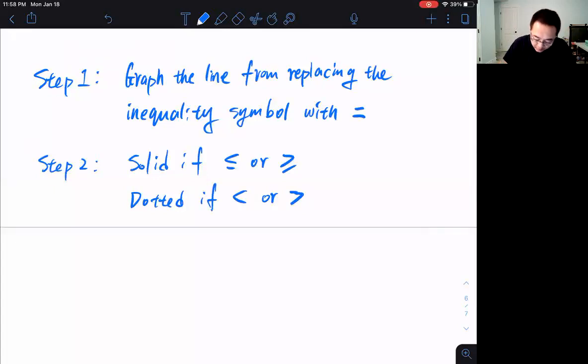Now step 3 is you determine which of the half planes determined by the boundary line you drew on the coordinate system solves your inequality. You do this by finding a test point on one side, taking the values of x and y for that test point, and plugging them into your inequality to see if it is true or not.